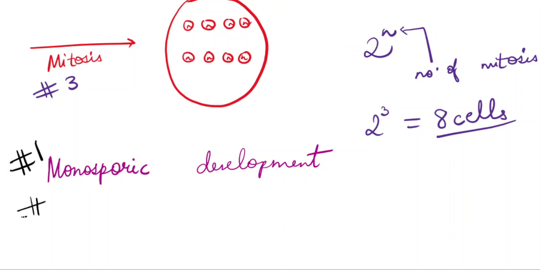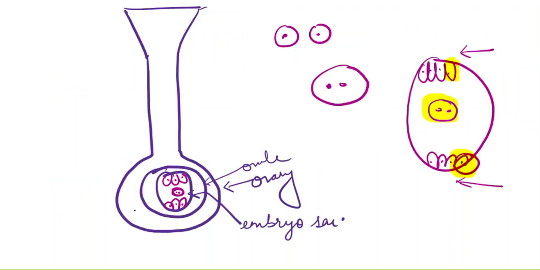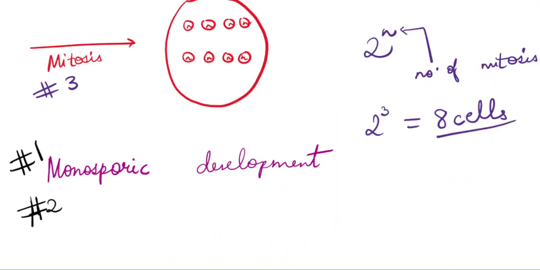Now the second point you should know is that here the development is internal. Everything is happening inside. You can see everything is happening inside the ovary, inside the ovule, inside the embryo sac. Since it's happening inside, we say it is endosporous.